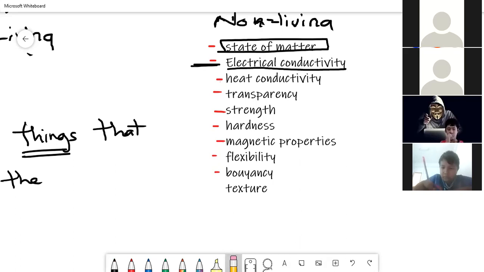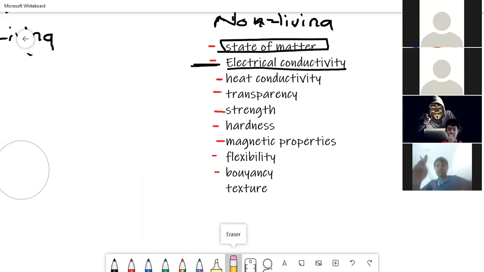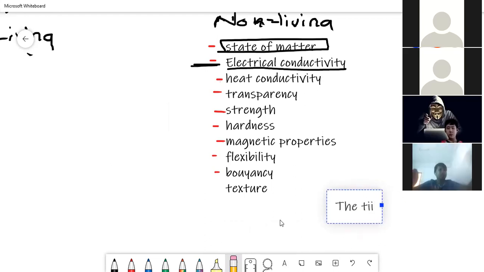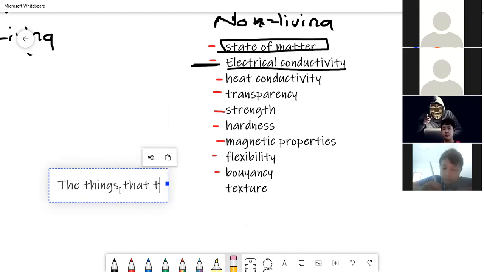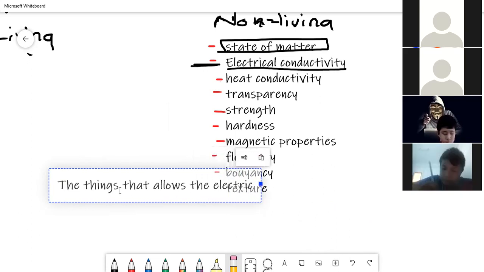Okay, the things that allow the electricity to flow.